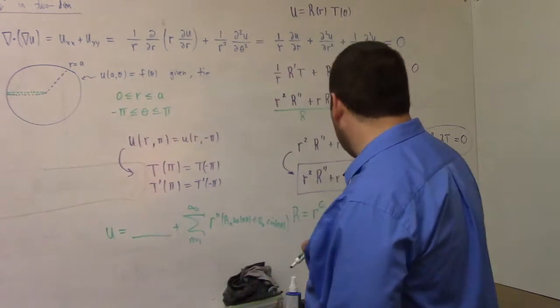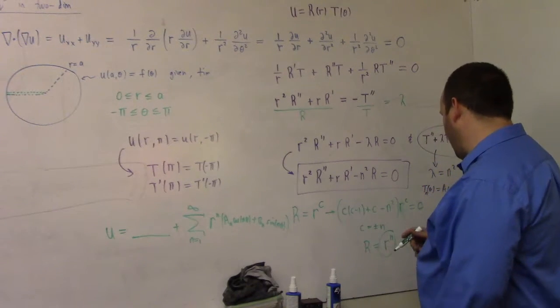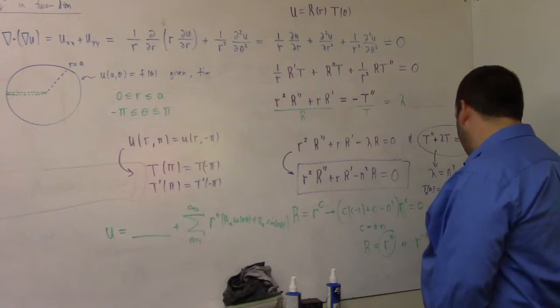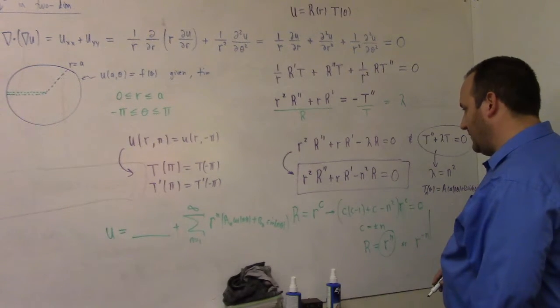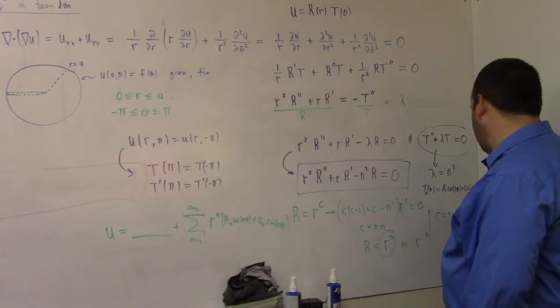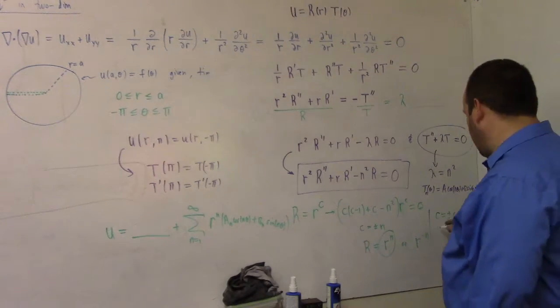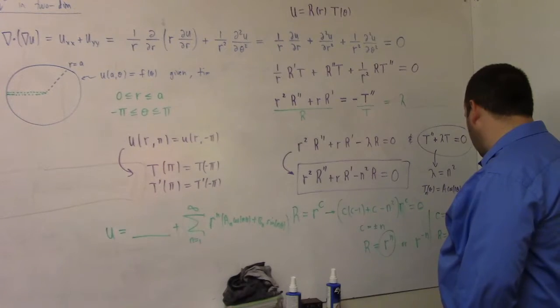Now how about n equals 0? N equals 0 gives you c equals 0 two times, right? So that gives you R equals a constant, or log r.